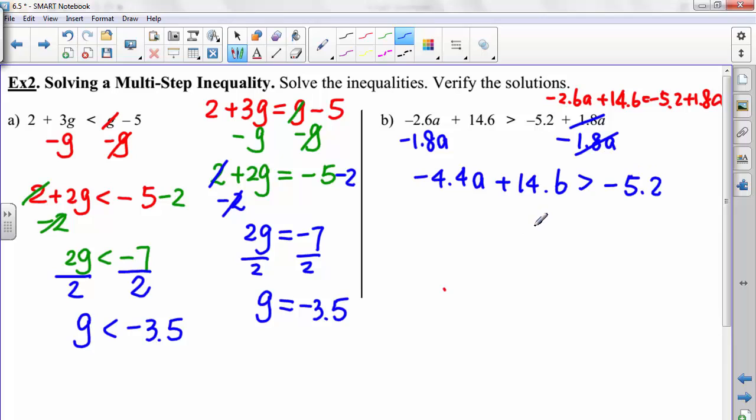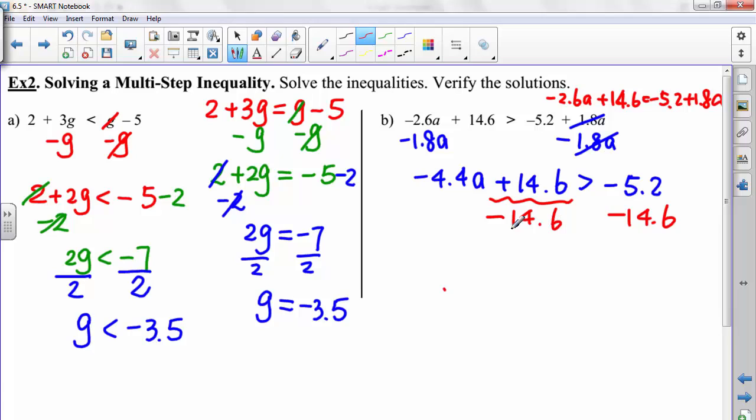Like equation solving, next step I need to cancel positive 14.6 from the inequality. So if I want to cancel this one from the left side, I need to subtract 14.6 from both sides. The same idea as the first step.